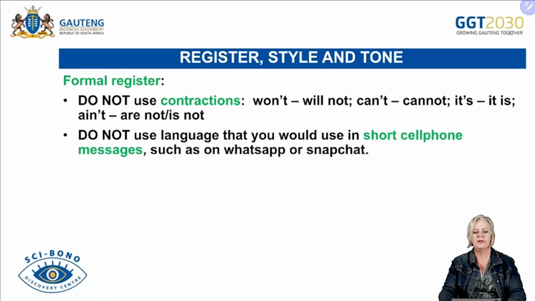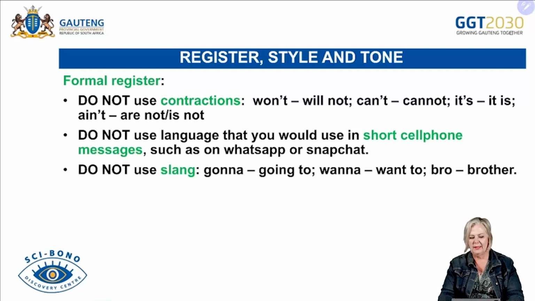Do not use language that you would use in short cell phone messages, such as WhatsApp or Snapchat or even Telegram, for that matter. Do not use slang. Slang refers to words that are used, can I call it, on the street.